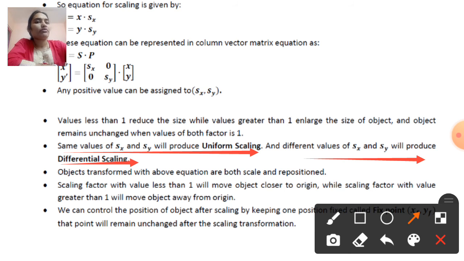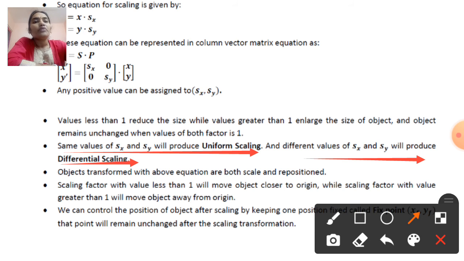That means there are two types of scaling: one is uniform scaling and another is differential scaling. If Sx and Sy values are the same, then it will produce uniform scaling, and if Sx and Sy values are different, then it will produce differential scaling.